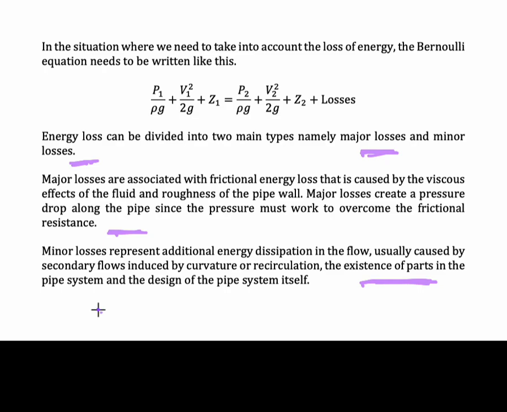However, the second type of losses, we call minor losses. Minor losses are sometimes very small and can be neglected. Minor losses are caused by additional parts that we added into the pipe system.